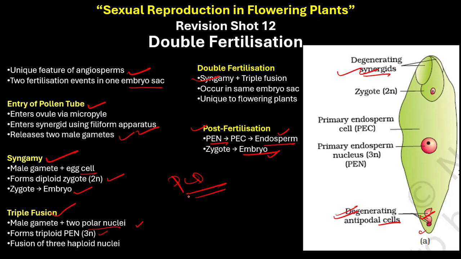These chemical events trigger the degeneration of the synergids and the antipodals. And there's one more thing: there is a rise in auxin and cytokinin levels at the time of endosperm formation. So these are the signals which tell the synergids and antipodals to degenerate.